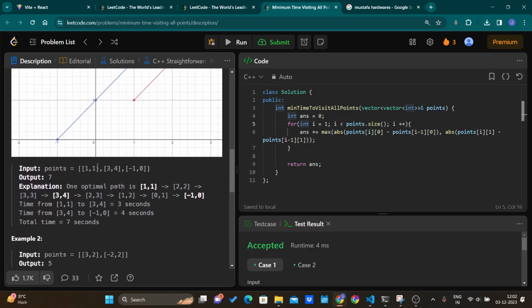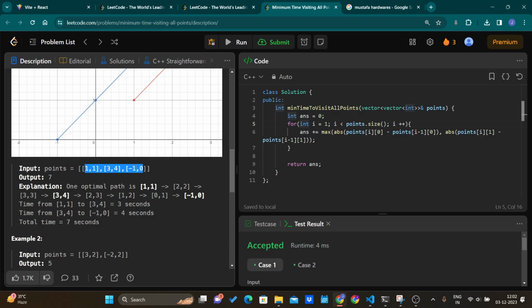So that will be a total of, not 4 moves, 2 moves. First to 2 and 2, then to 3 and 3, then to 3 and 4. That will be 3 moves. And similarly, we can do this as well.